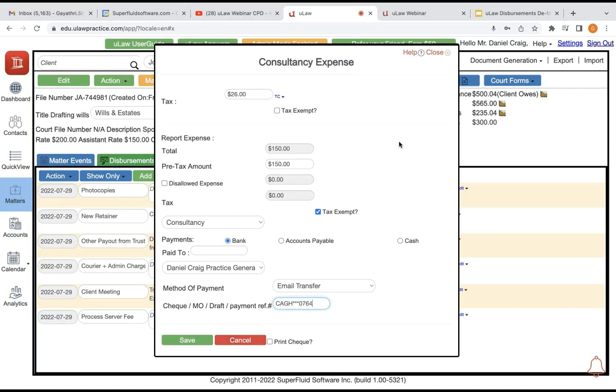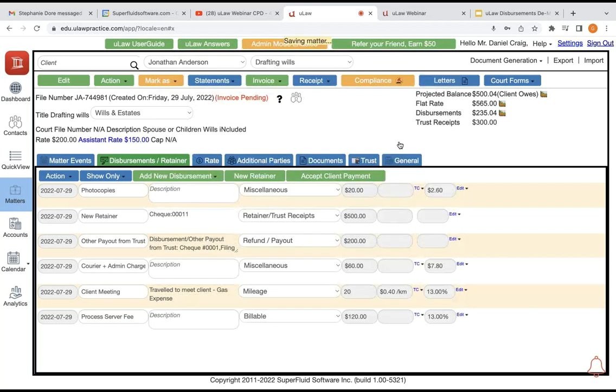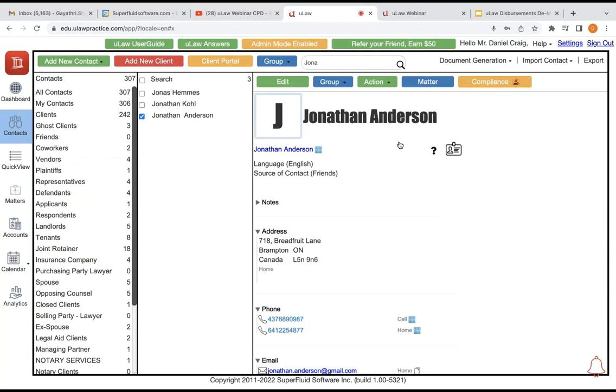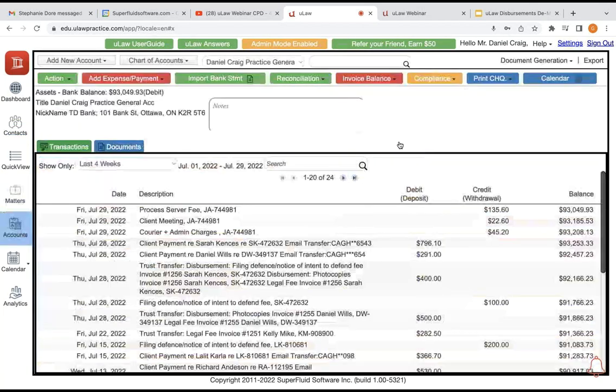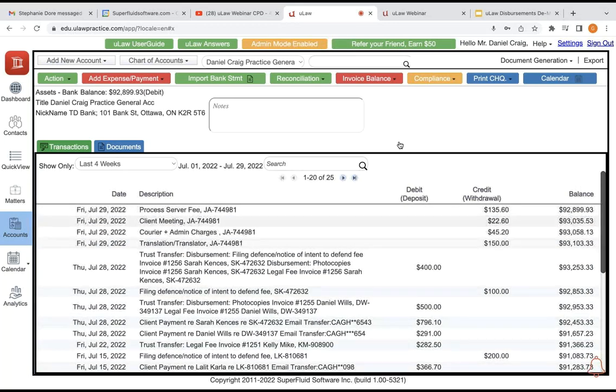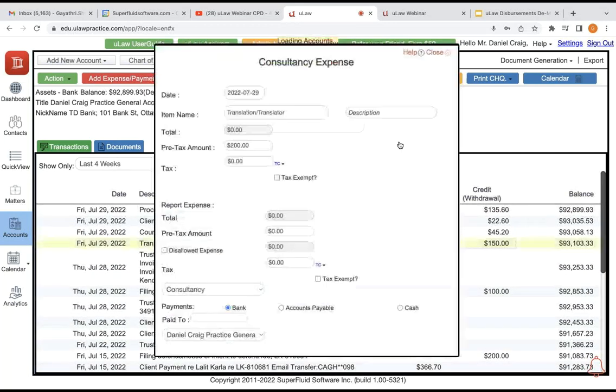Please enter the reference number again and say it was paid to, suppose, Aisha, and save it. So Aisha will probably be one of your third parties added in the contacts. And then when you go into accounts, you would see that $150 plus taxes, $169, or $150 without taxes, translator, $150 would be recorded here.